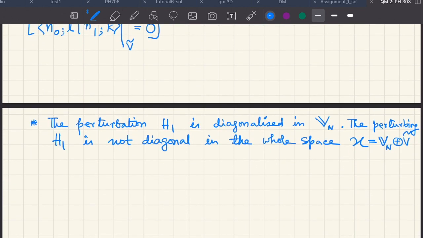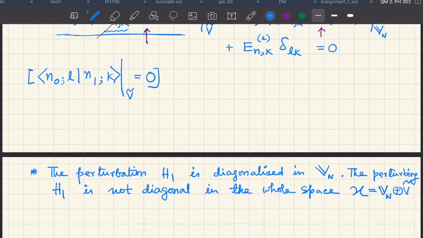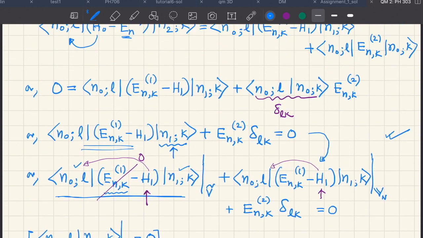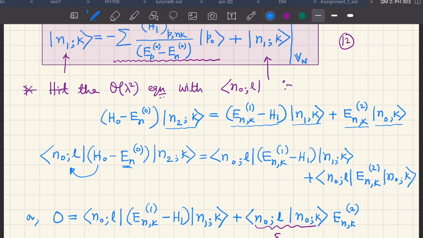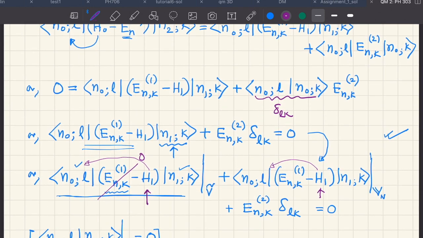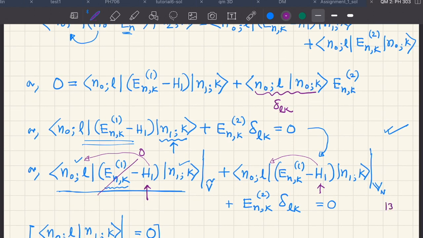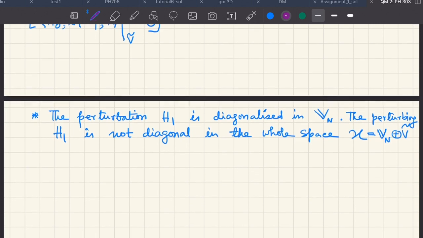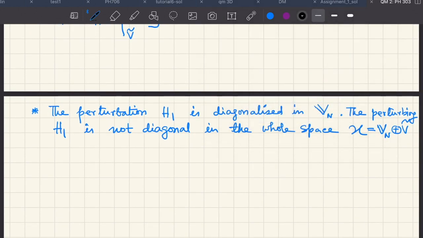How can I see this? So let me just stop at this equation and do a separate calculation, and then we come back to this equation. Let me call this equation number 13. Let me do this calculation here.